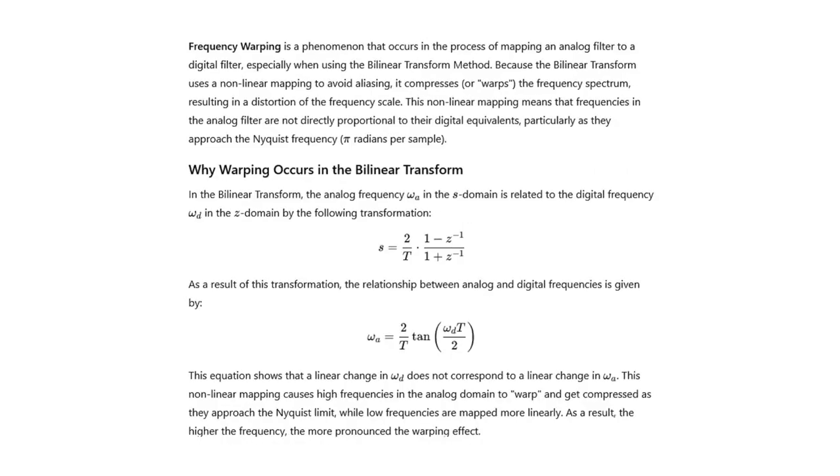So why warping occurs, they have given. This is the result on the relationship between the analog and the digital frequency. W equals 2 by T tan of omega D T by 2.